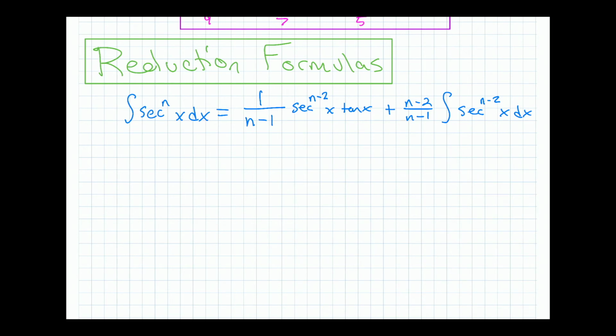Looks like a mess, right? Sure it does. Here's another one. Here's the one for tangent. So it is 1 over n minus 1 tangent to the n minus 1 x minus the integral of tangent to the n minus 2 x dx.